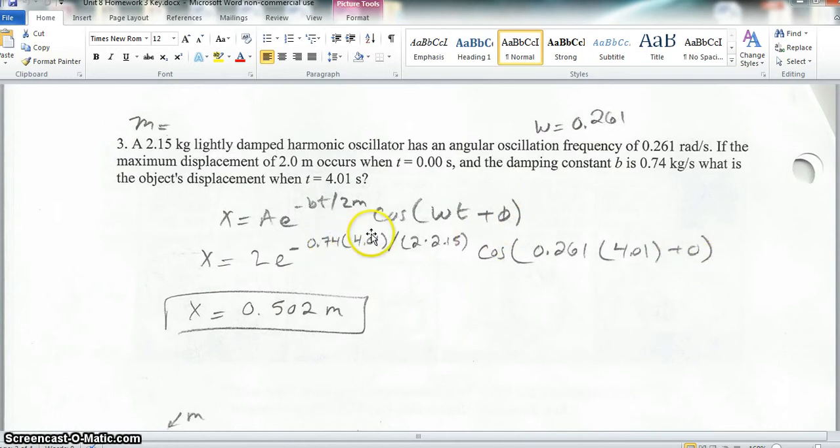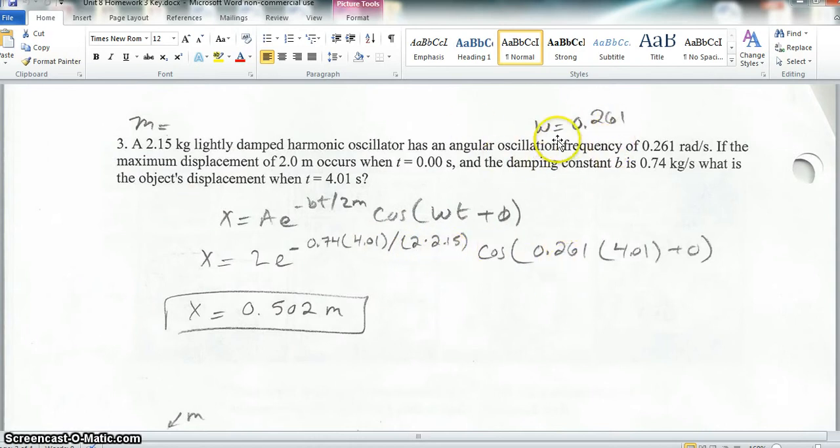And then as soon as I set up this equation, it's a pretty easy number game. My position as a function of time is the amplitude times e to the negative bt over 2m, times cosine of this function. At this point, we actually have all of the variables. As soon as I identify that relationship, it's just a matter of plugging the numbers in: my amplitude of 2, my constant b, which they gave me, times the time, divided by 2 times the mass, again given, and then the angular frequency.